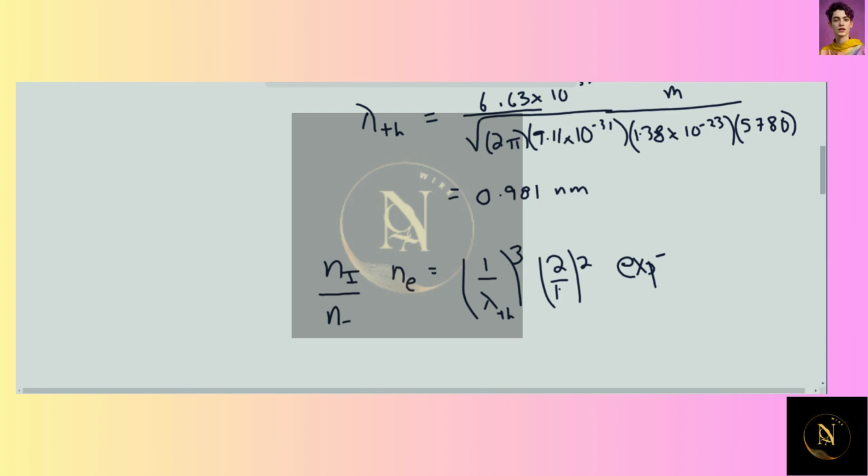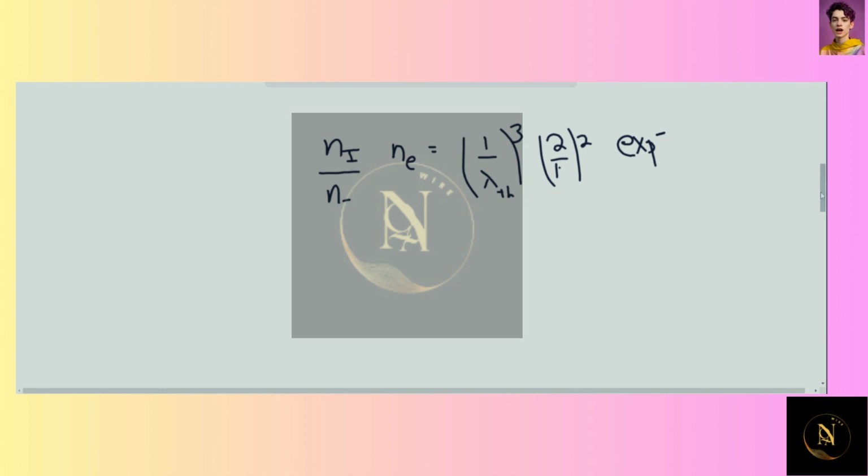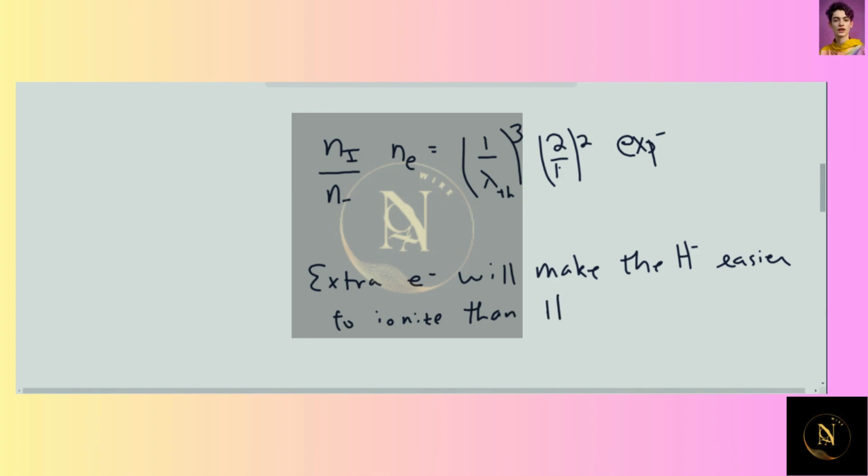And so the only thing we need is the difference in ionization energies. Of course, they're both in hydrogen, so you would think they would both be around 13.6 electron volts. But once you put that extra electron into the atom, the extra electron will make the H minus easier to ionize than H neutral.